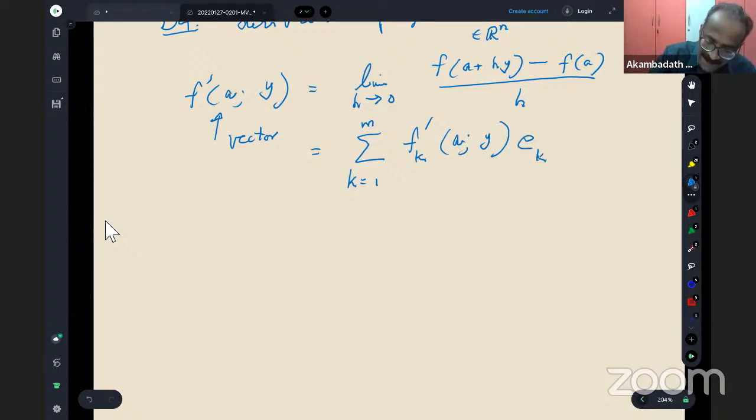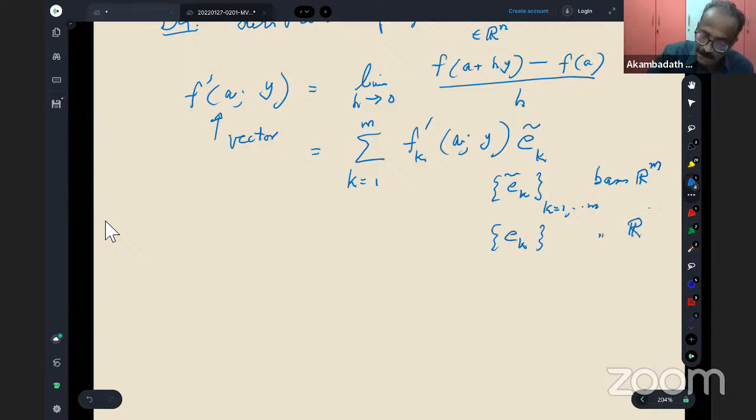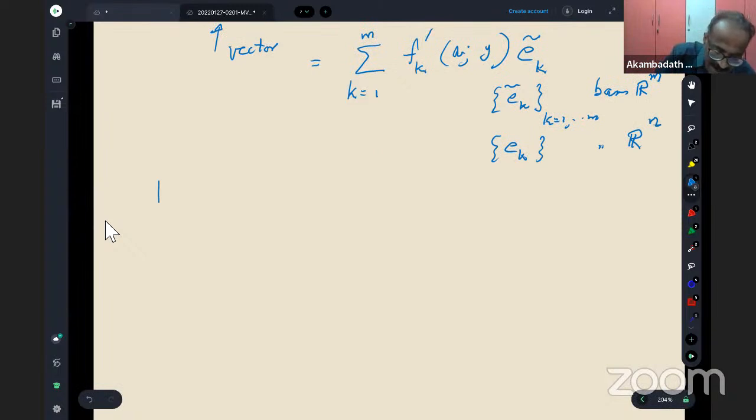You can write any vector in terms of the canonical basis, where e_k tilde is the canonical basis in Rm, and e_k I use as the basis in Rn. So that's a similar definition to what we have given. Now we can give the general definition of the total derivative.